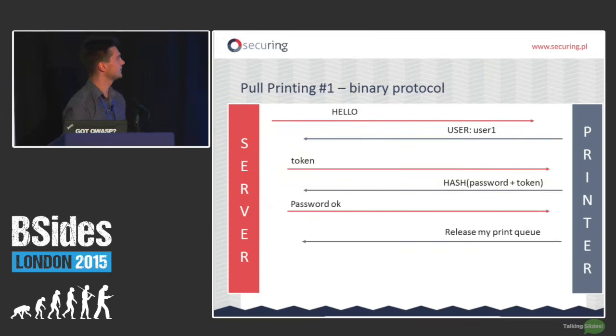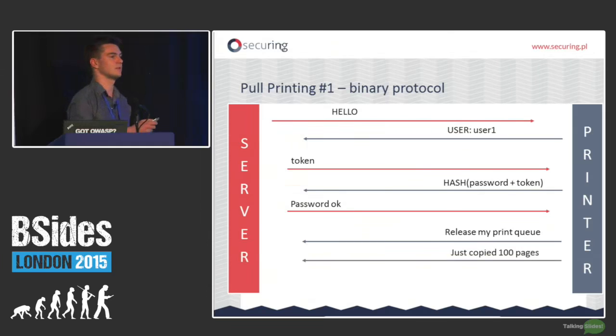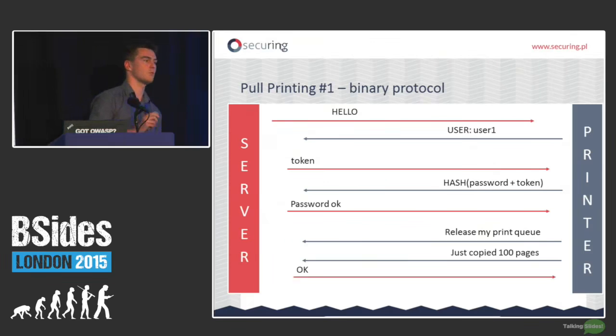The server verifies it, and the printer sends a message to release the print queue of this user, and also, let's say, charge me for printing 100 pages. Take it from my balance. And the server responds. So I'd like to ask you, where is the point that we will attack here? Which packet is the most interesting?